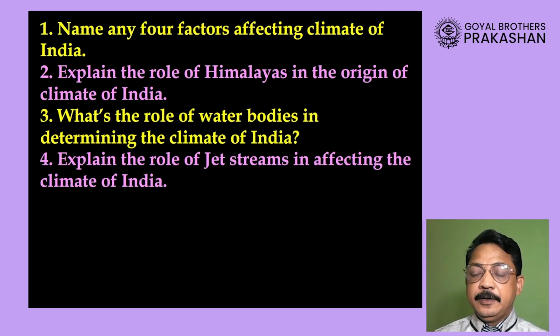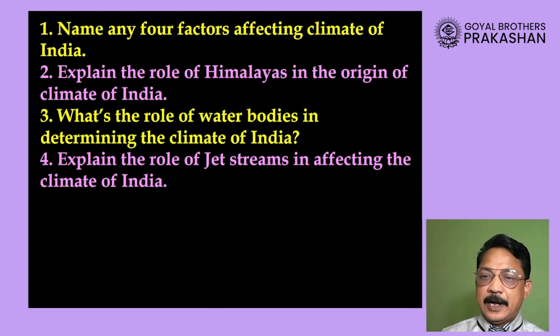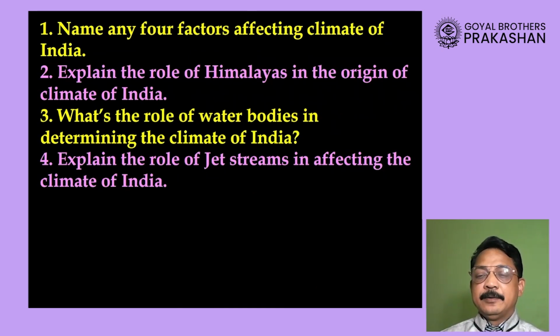So in India the pressure is low, and on the water bodies the pressure is high. So the wind blows from the high pressure area to the low pressure area, in this way bringing rainfall to India.